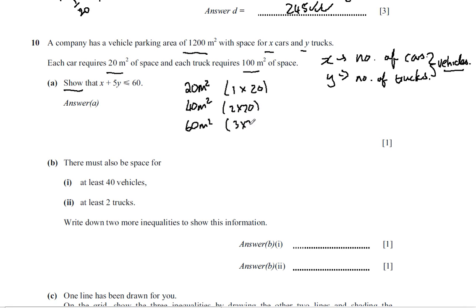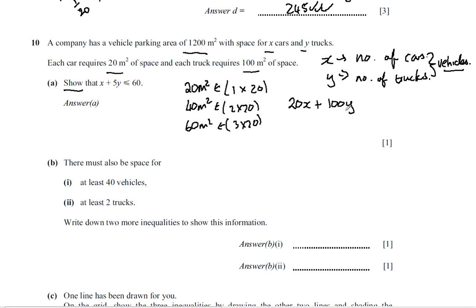And it will give you basically the value of the space taken up. So the formula here is just basically you take 20 meters squared multiplied by how many cars there are. And then we're going to add on the area that the trucks take up. So the trucks are going to take up 100 multiplied by how many trucks there are.